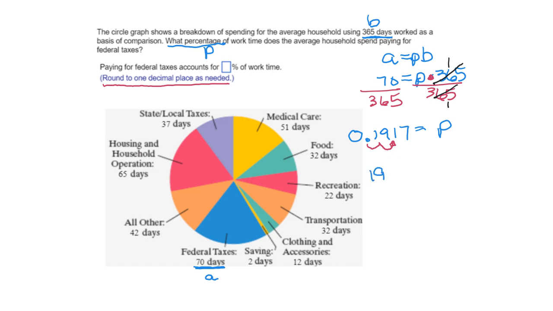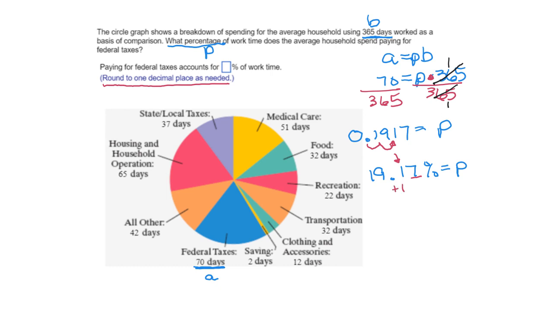So now I have 19.17%. We changed from decimal to a percent. And now we're going to pay attention to round to 1 decimal place. So that is in the 10th position. And we look to the right, and 7 is greater than or equal to 5.